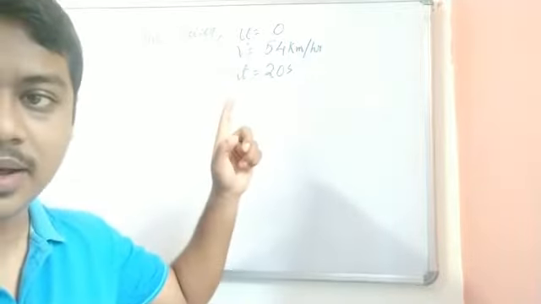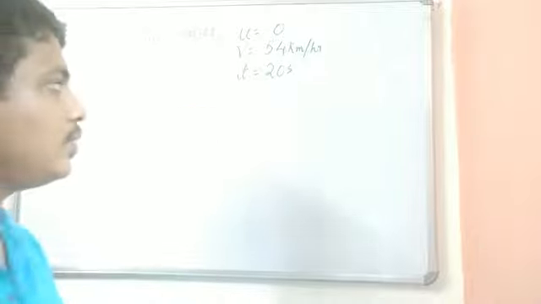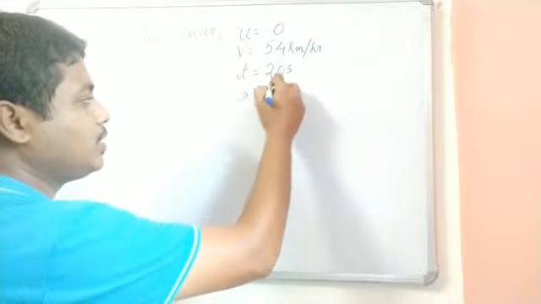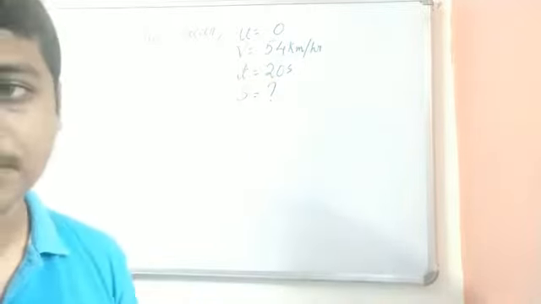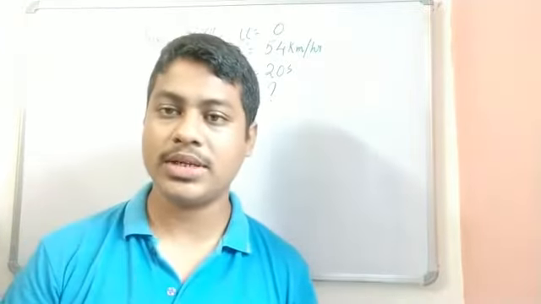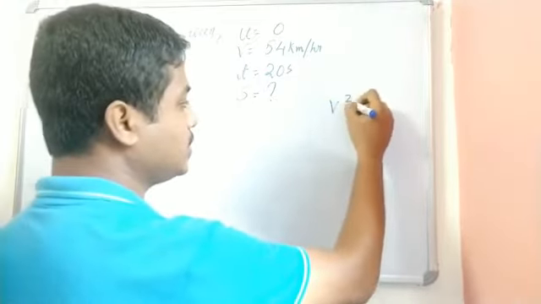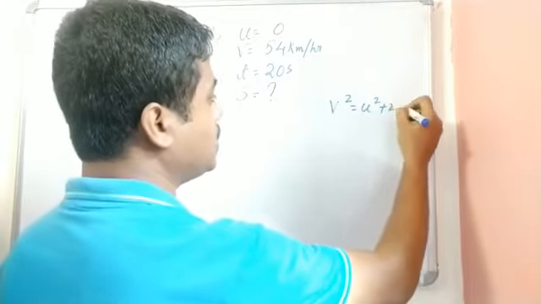From this data, we have to find the distance traveled by the bus. Initial velocity, final velocity and time are given. We need to find the displacement of the bus. How to calculate the displacement? We have two equations: v square equals u square plus 2as, and the other one, for calculating displacement.